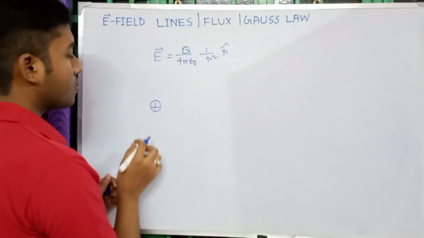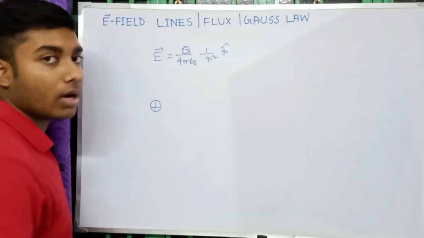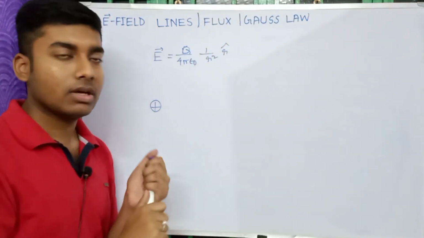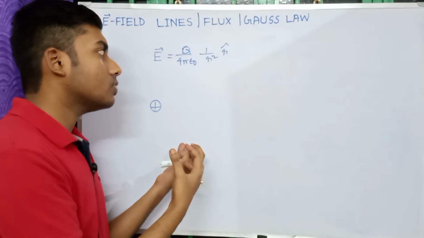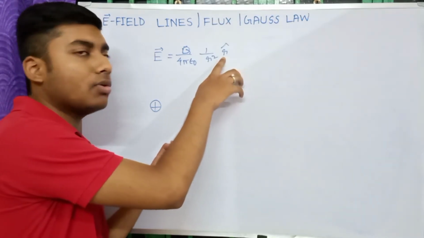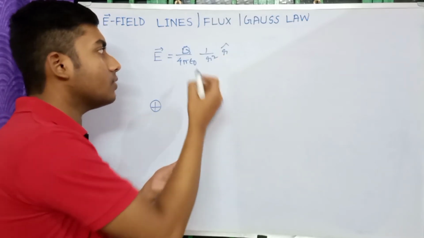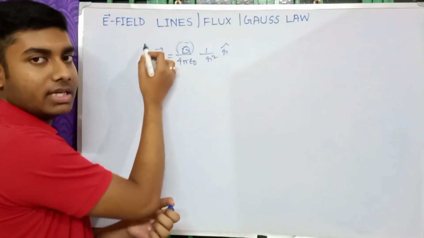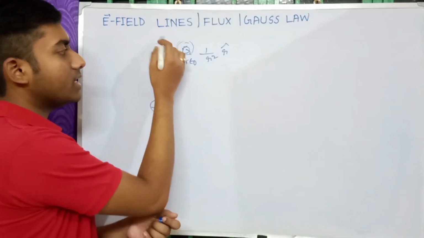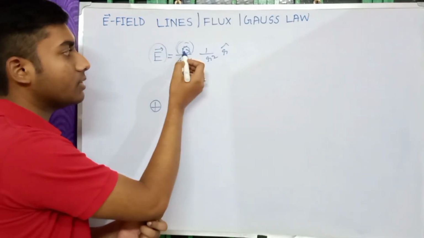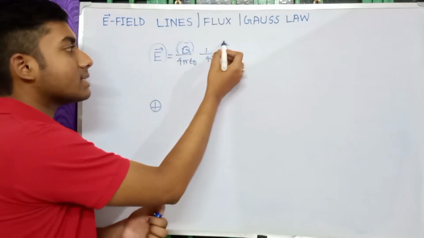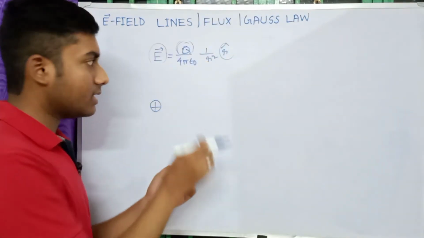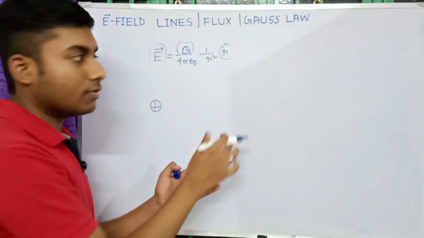So if we want to draw the electric field lines, what will that be? From this expression we can understand that the electric field lines will be just radially outward, because due to this charge q, the electric field intensity E vector is directed radially outward for this positive charge q.